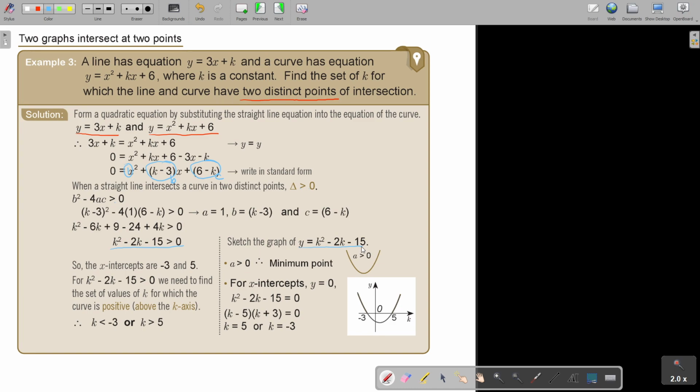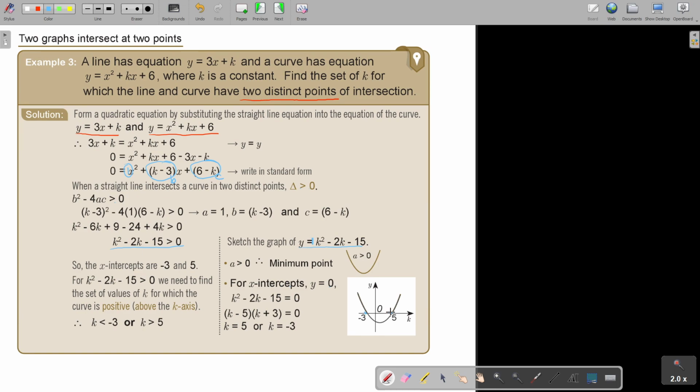Now, where does it cut the x-axis? First I say, because there is a positive, that's why it's looking like this. If I want to see where it cuts the x-axis, I make y 0. So I form an equation, and now I factorize it. And I get my values of k. So I know that my values of k are -3 and 5.